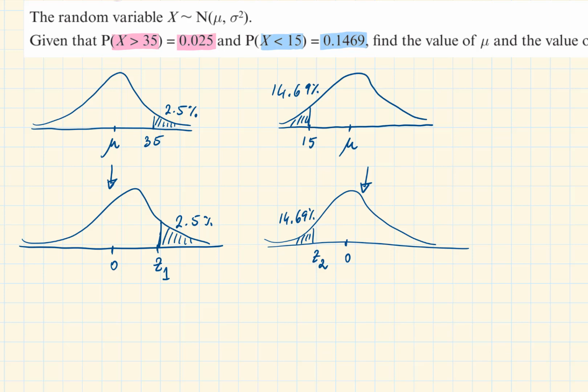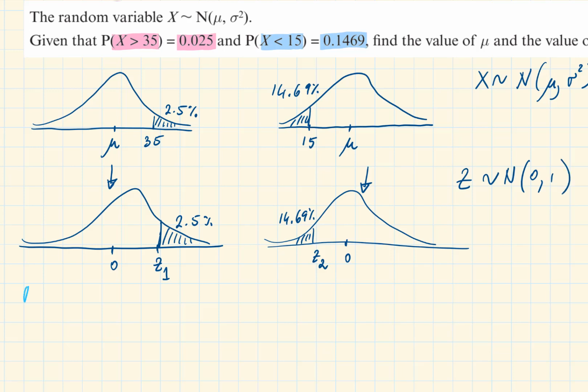So the first two graphs, the first row represented x being normally distributed with an unknown mean and unknown variance. The second row represents the standardized normal distribution, where the random variables z are normally distributed with mean 0 and variance 1.